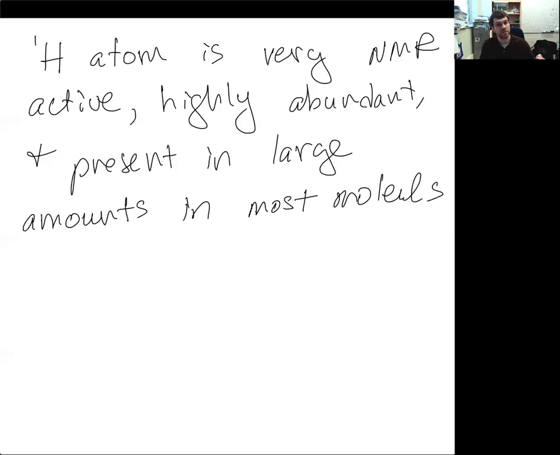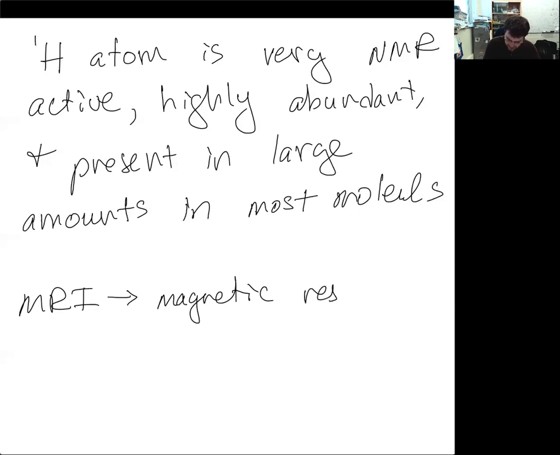So NMR is nuclear magnetic resonance. MRI is magnetic resonance imaging. And MRI does the exact same thing that NMR does. It's the exact same technology, except instead of having to fit a tube with a little bit of organic molecules, you have to fit a person. So you have to engineer a different instrument.